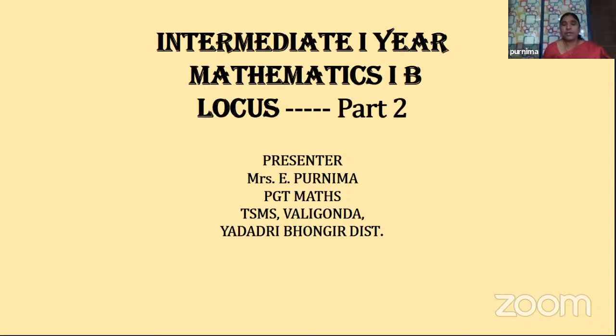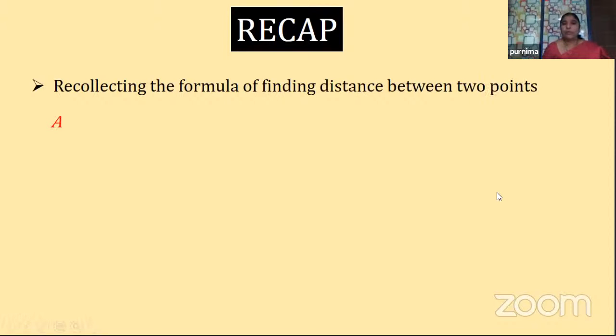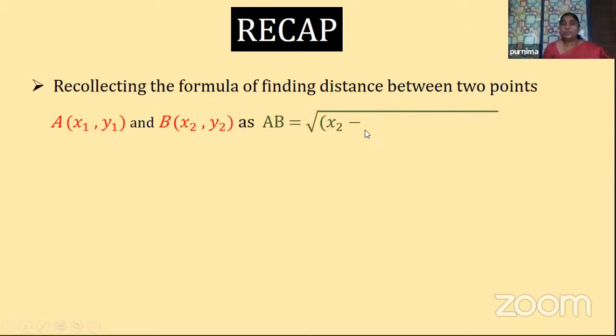Before starting the topic, we have to recollect what we learned in the last class. Let us see what we have learned in the last session. First of all, we recollected the formula for finding the distance between 2 points A and B, which is given by AB is equal to under root of (x2 minus x1) whole square plus (y2 minus y1) whole square.